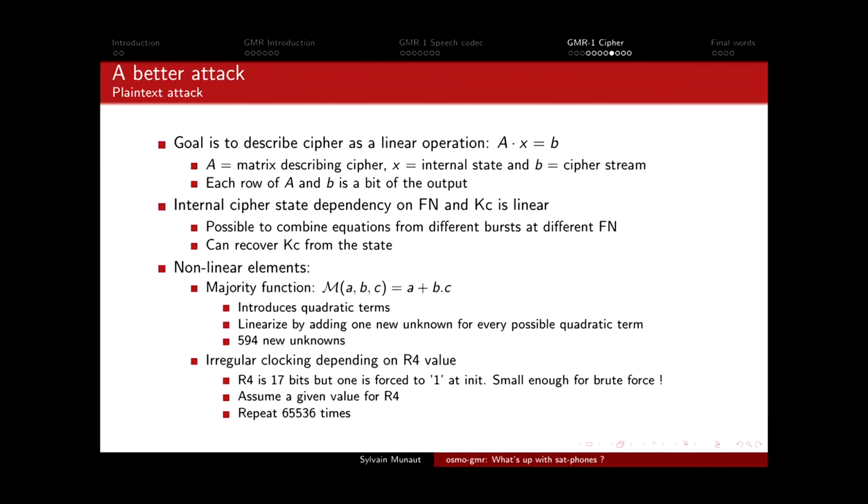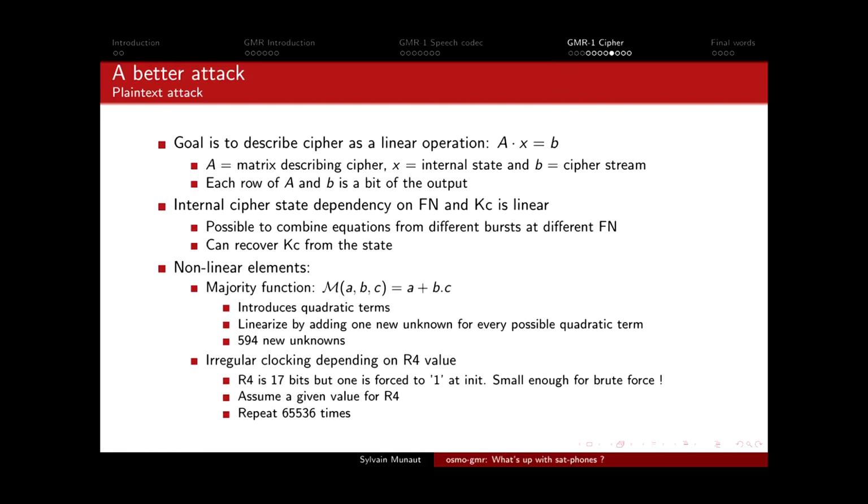You can rewrite that majority function as the sum of A plus B multiplied by C, or if you wish, A XOR (B AND C). The problem is the B multiplied by C, because that's quadratic, that's not linear. That means that we can't introduce that. The way to linearize that is basically to ignore it. For every possible quadratic term that's going to be generated by that nonlinear output function, you generate a new unknown.